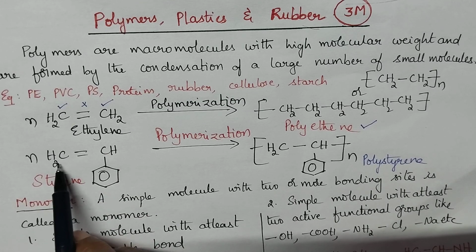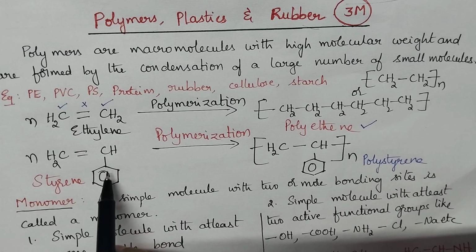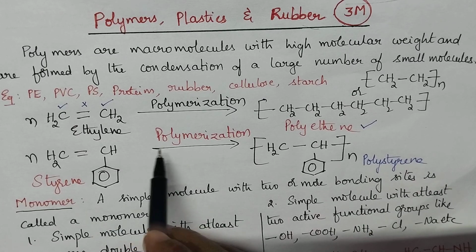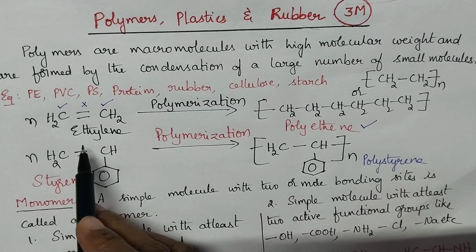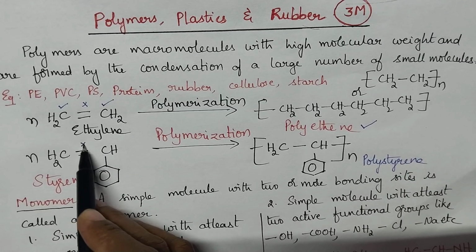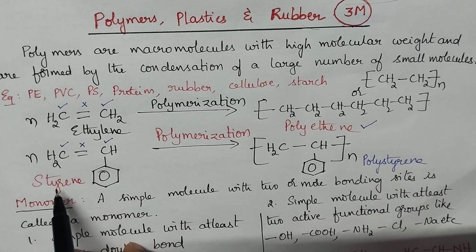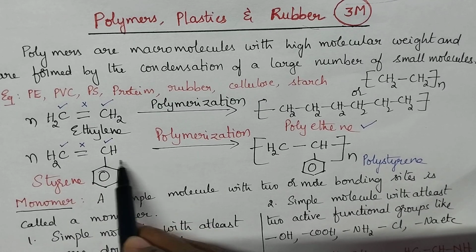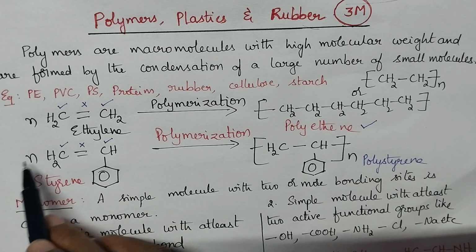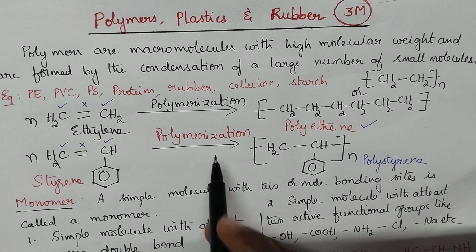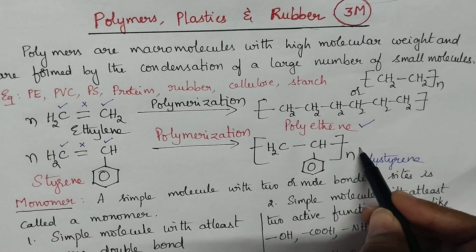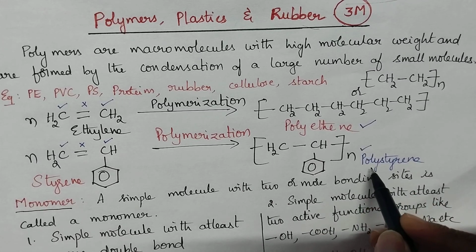So, it is CH2 double bond CH C6H5. It undergoes polymerization in a similar way to ethylene. Breaking of this double bond takes place and as a result two bonding sites will be generated and hence more and more styrene monomers can be added. This results in the formation of a polystyrene polymer.